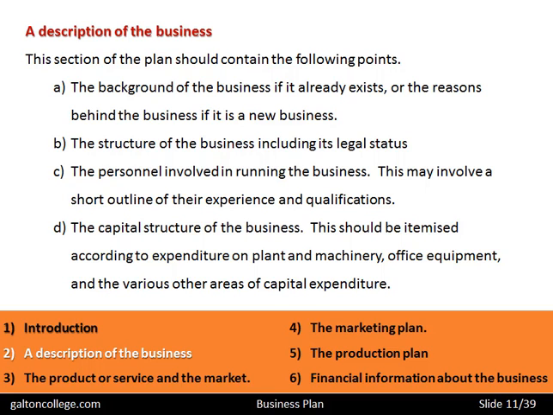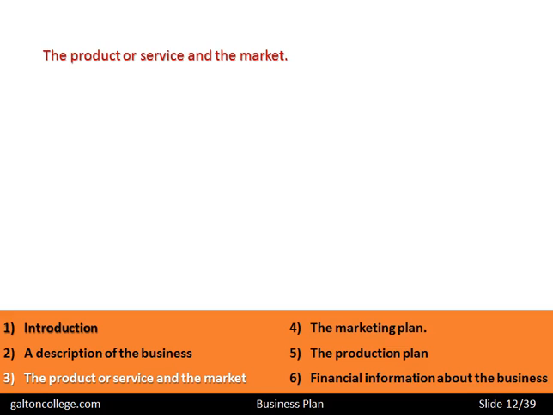Try to produce small budgets, and put them into the appendix and reference them from this particular section of the business plan. So there is a picture of the business according to the capital structure of the business.